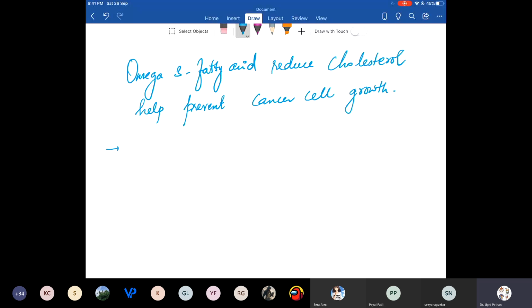Second important is isinglass. Important MCQ again. This question is an MCQ. What is it? This is also a byproduct.